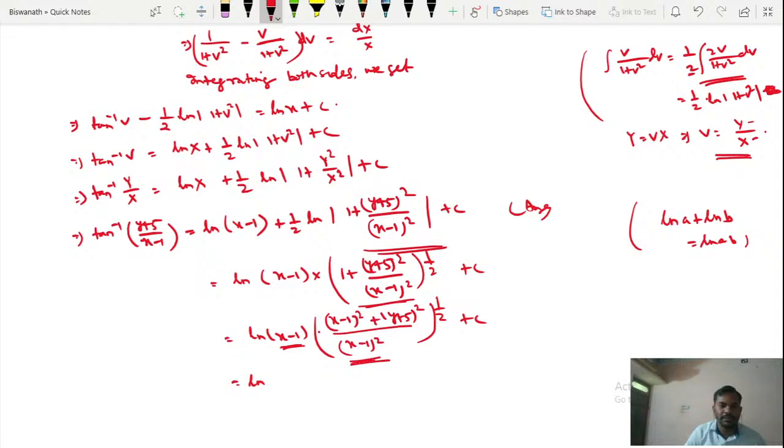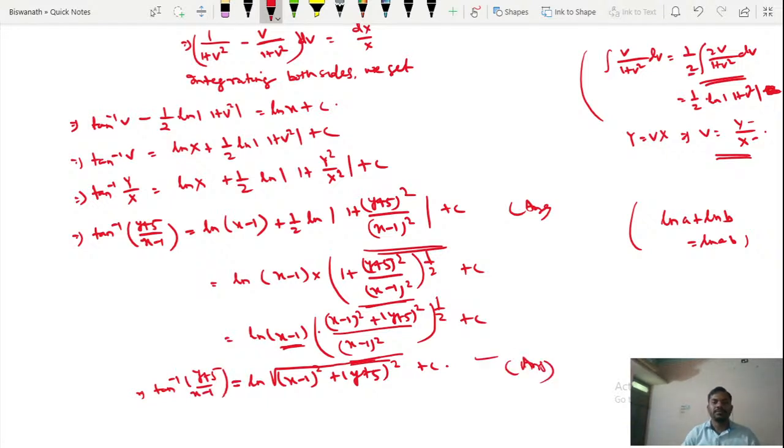So the only thing left is the square root of (x minus 1) whole square plus (y plus 5) whole square, plus c, and your left hand side is tan inverse of (y plus 5) divided by (x minus 1). If you simplify, you will get to this step. So this is your answer.